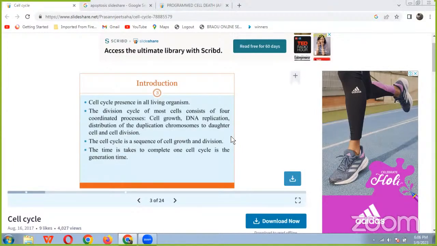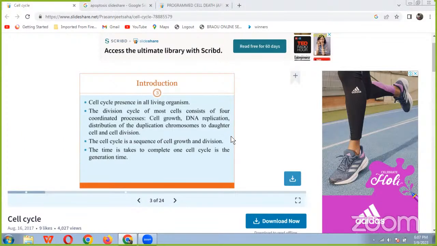The four steps: cell growth, DNA replication, distribution of duplicated chromosomes to daughter cells, and cell division. The cell cycle is also a sequence of cell growth and division.